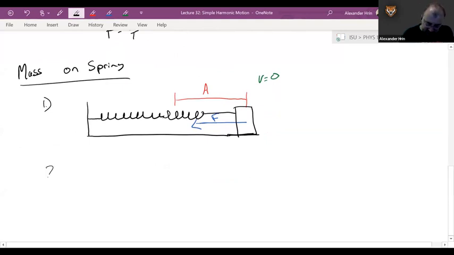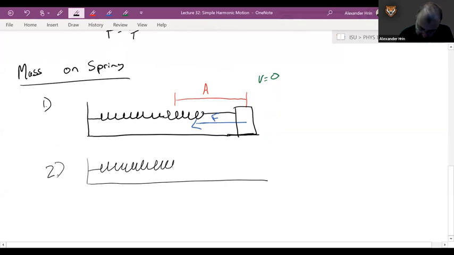Now, if we go to step two, basically what I want to do is have the same sort of thing here, but this time the spring is basically coming back towards the center.